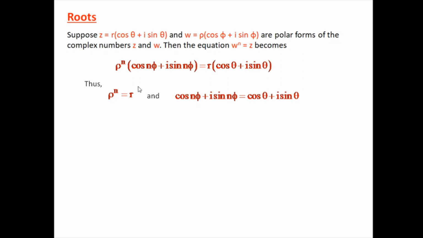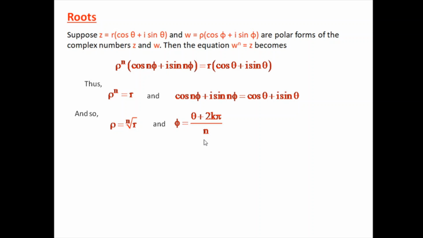Rho is r raised to power 1 by n, and the angle phi can be calculated as theta plus 2k pi by n. Because of the periodic nature of cos theta and sin theta by 2 pi, this phi can be calculated as this, where k varies from 0, plus minus 1, plus minus 2 and so on.